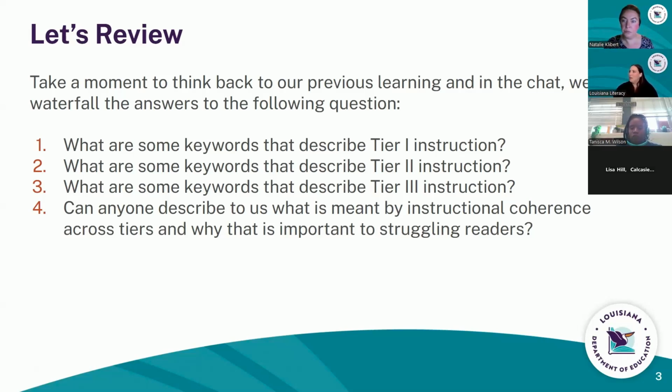Let's see. Core aligned, target specific skills, targeted instruction, small group, intentional, supports core curriculum, can use grade level content, good. Below benchmark on universal screeners, progress monitoring, data driven, very good with data driven.